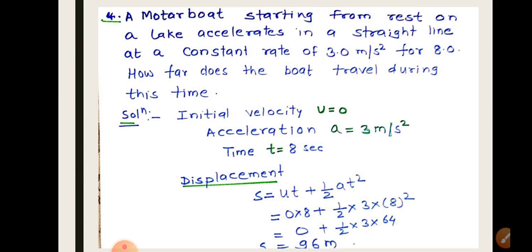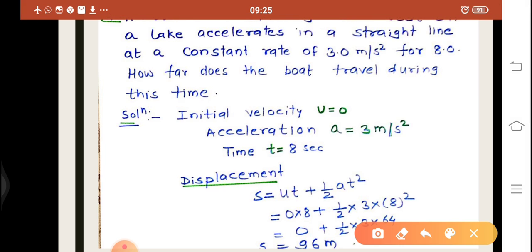We will use s equal to ut plus half a t square. u is 0, so 0 into something is 0. Then 1 upon 2 into 3 into 8 the whole square, that is 1 upon 2 into 3 into 64.